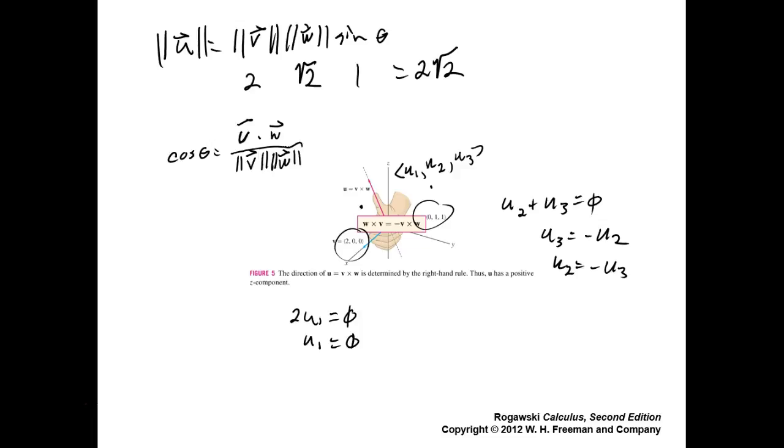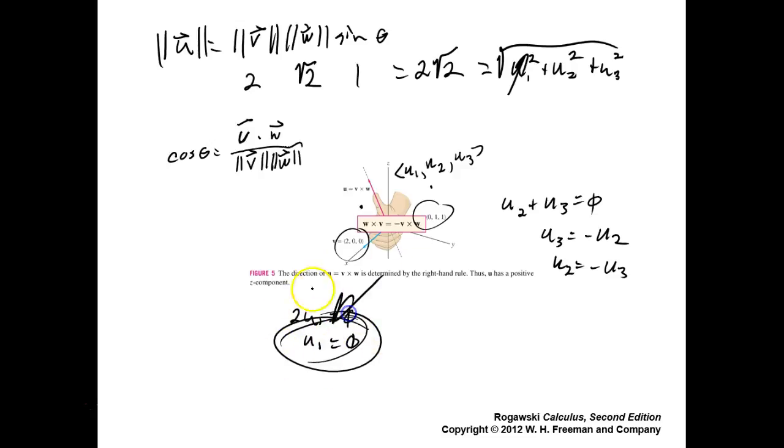Now, we also know that the magnitude is that. So that tells us that the square root of u1 squared plus u2 squared plus u3 squared is equal to that, right? But what is u1? Zero. Okay, this is 0.